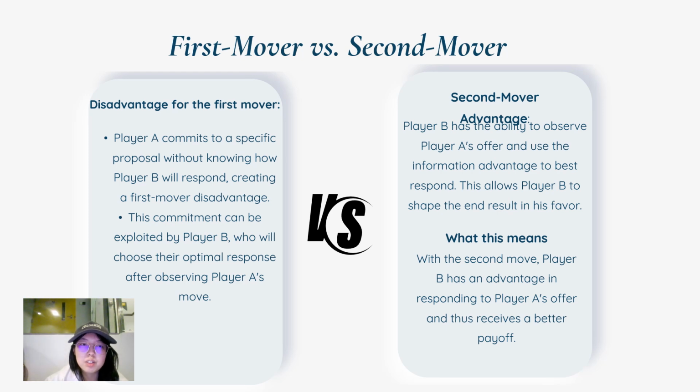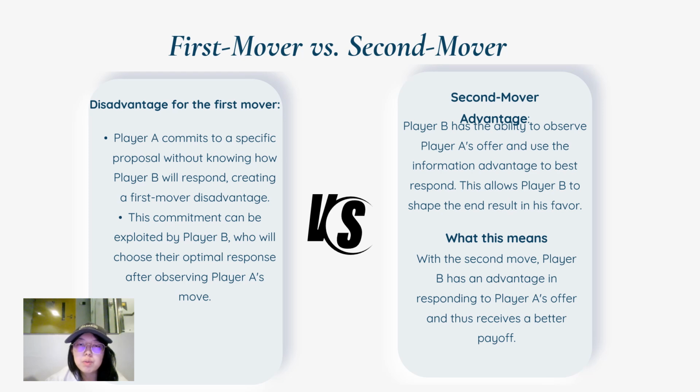Well, the first mover versus the second mover. The first mover faces a disadvantage by committing to an initial proposal without knowing how player B will respond. They risk being exploited. Player B, as the second mover, gains an information advantage.